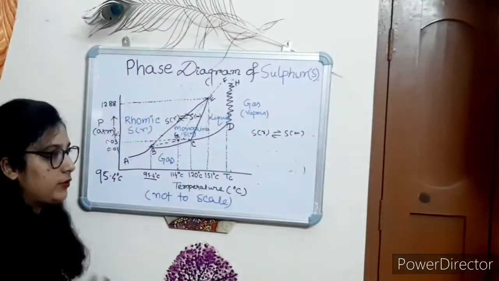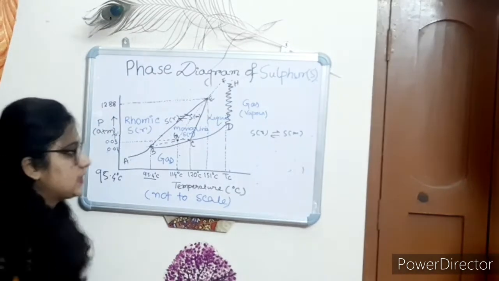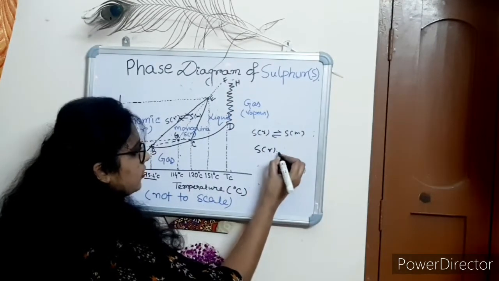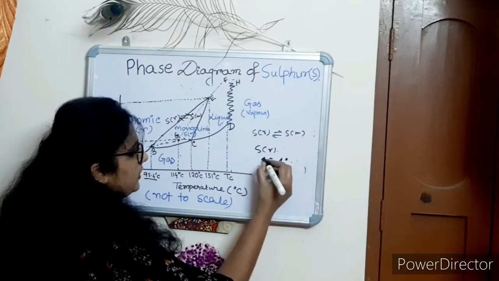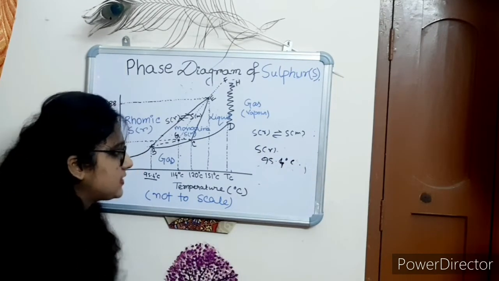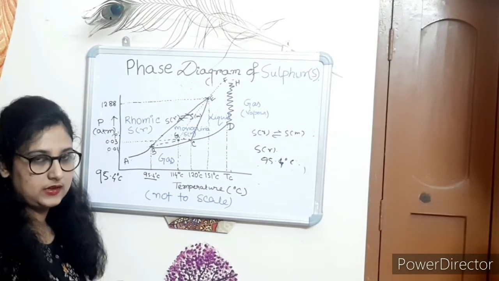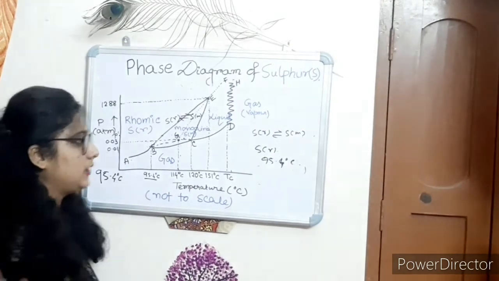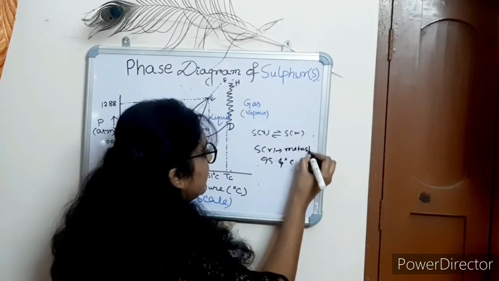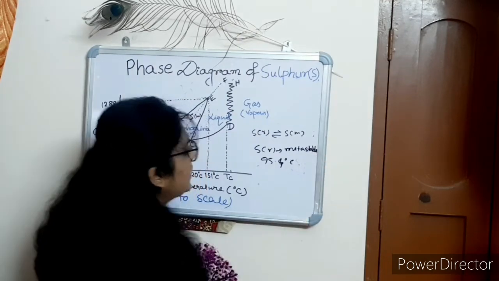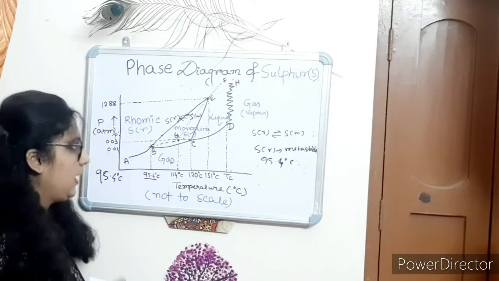But if the process is not slow, then we may get sulfur in the rhombohedral state even beyond 95.4 degrees Celsius, but this sulfur is not the stable rhombohedral, orthorhombic sulfur. This sulfur is actually the metastable or superheated sulfur in the orthorhombic state.